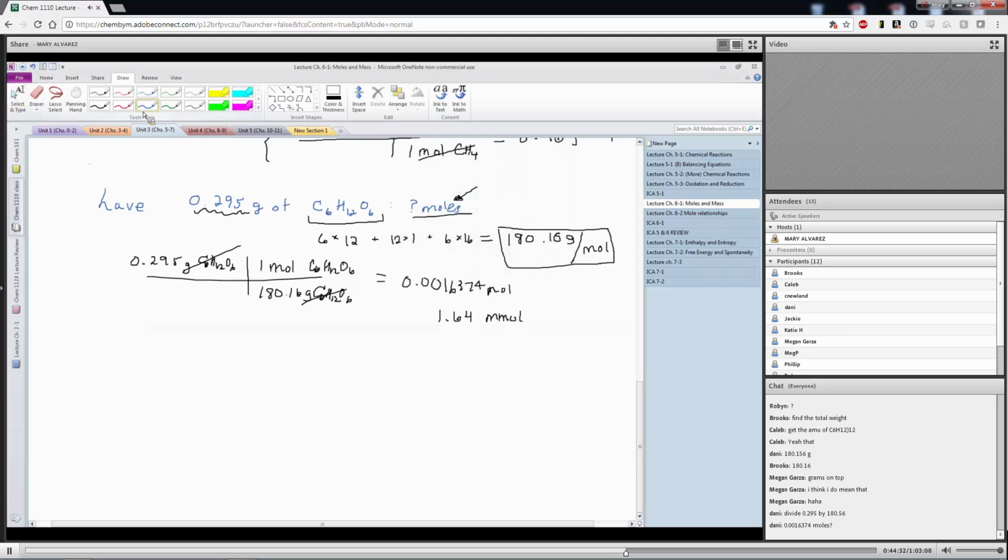Okay, let's do another one. Let's go the other direction. Let's say I want a total of 3.94 moles of magnesium hydroxide.